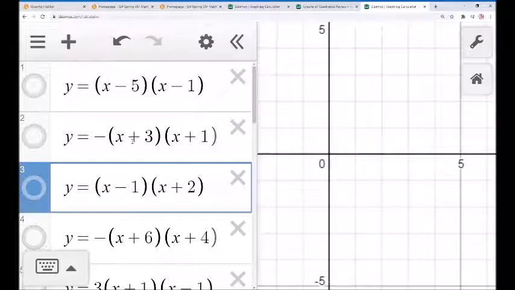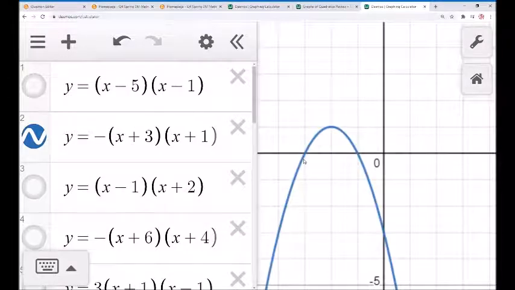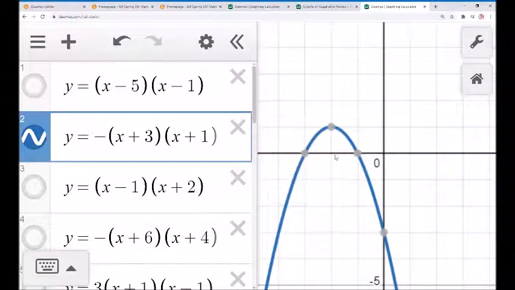Now if we look at this one here, we have positive 3 and positive 1. So I want you to think in your head what that's going to equal. If we take a look here, we end up with negative 3 and negative 1. Land of opposites, switch the signs. Now if you also look, this one's facing down.